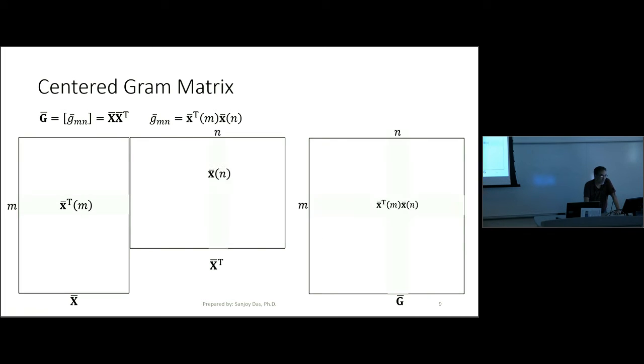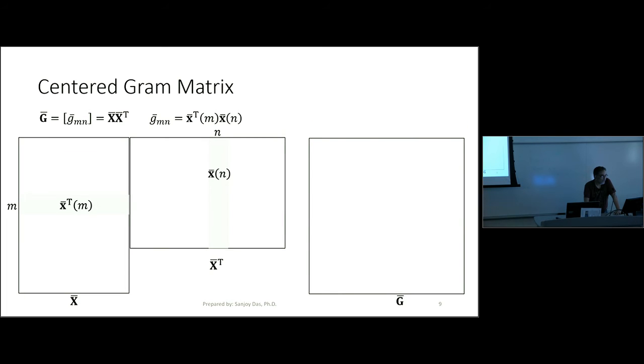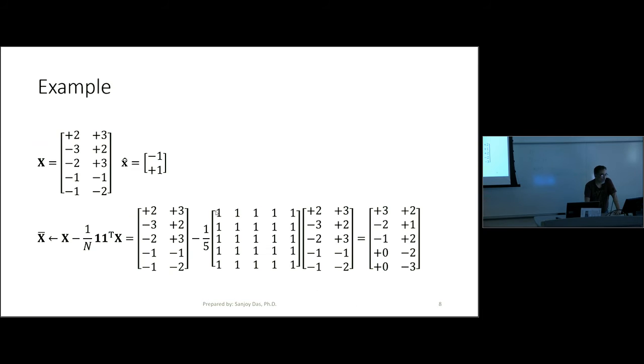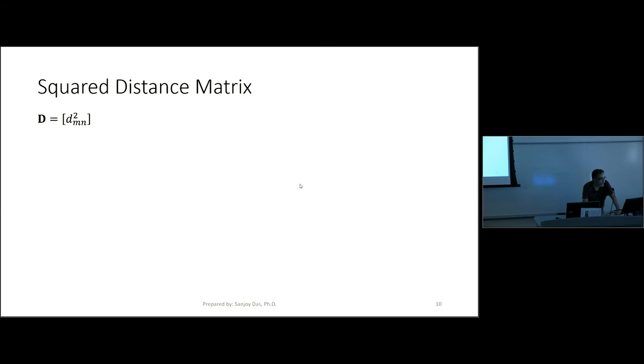So this is the centered Gram matrix. We saw how to compute the raw Gram matrix. If you do the exact same thing with X bar, you would get the centered Gram matrix, right? So, the square distance matrix.